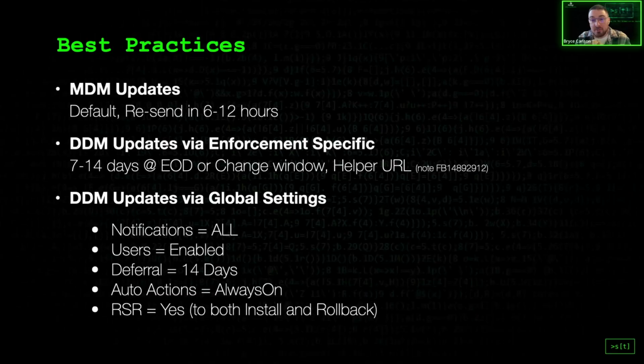There's then the key where you can enable standard users versus admins to install those updates themselves, enabled versus disabled. Then you have the deferral, 14 days is typically what I've been seeing. And then the automatic actions, you're going to want that always on, because that means it's always going to download it and get it ready. After the deferral's up, it's going to do that automatic install when it sees best. Then there are two values for the RSR updates, for install and rollback.